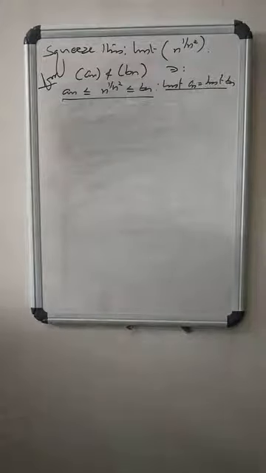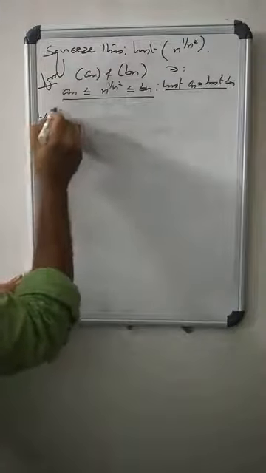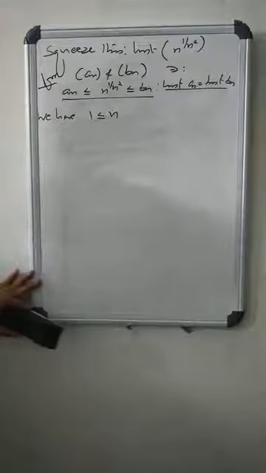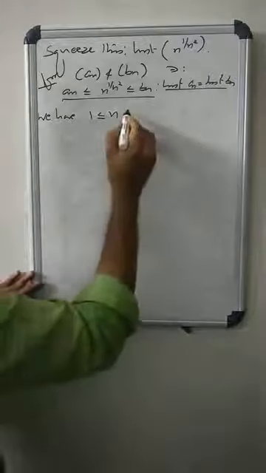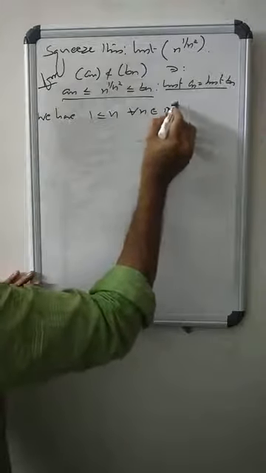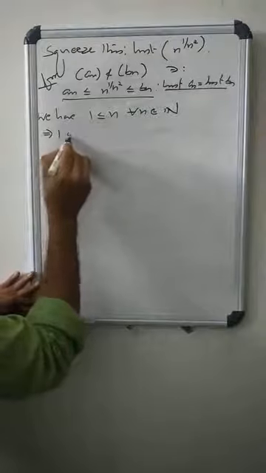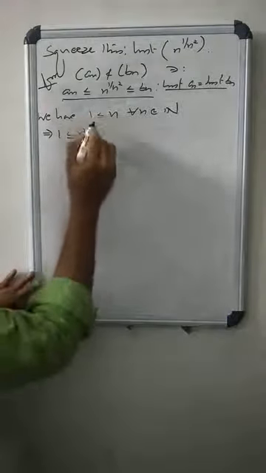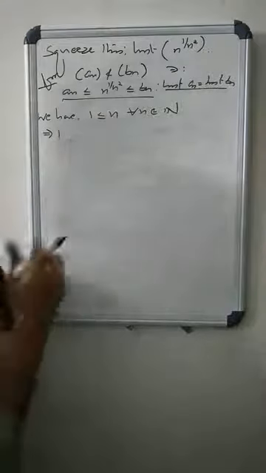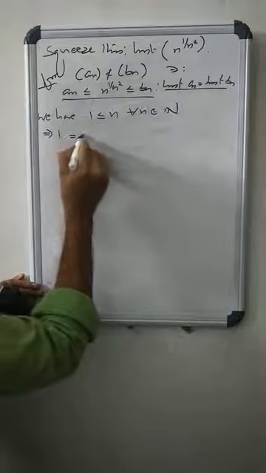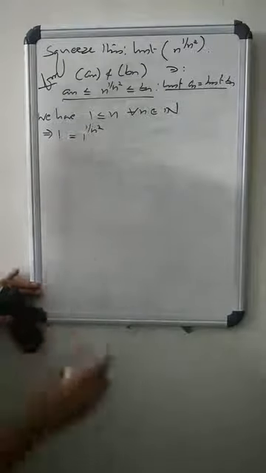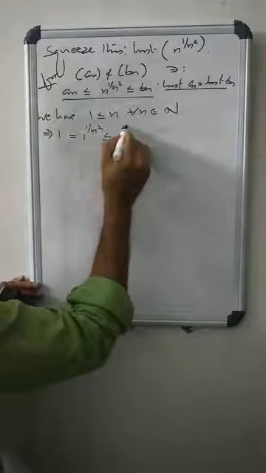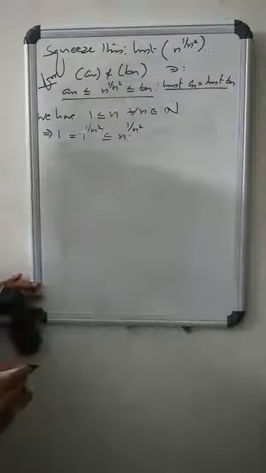So how? We have 1 less than or equal to n, for all natural numbers n. So that means 1 is less than or equal to n, and 1 can be rewritten as 1^(1/n^2). Since 1 is less than or equal to n, 1^(1/n^2) is less than or equal to n^(1/n^2).